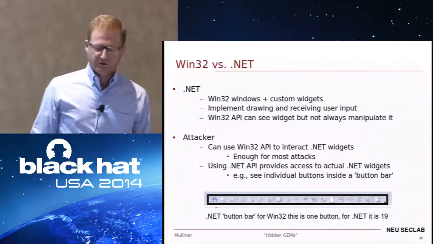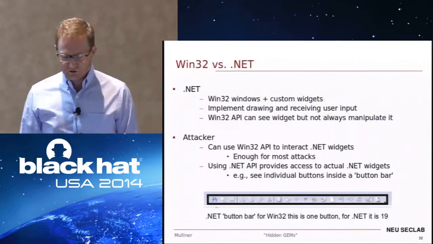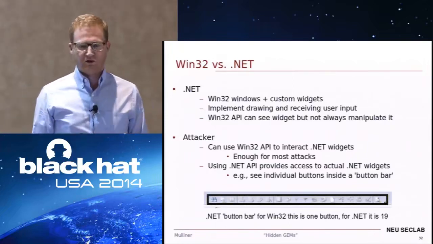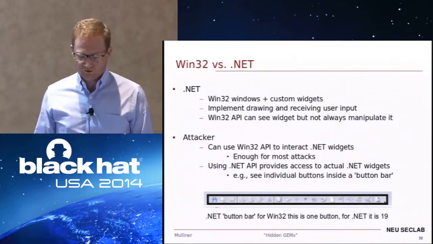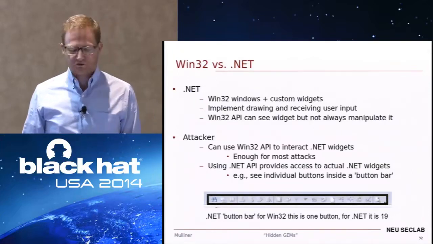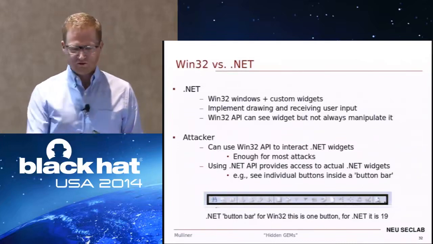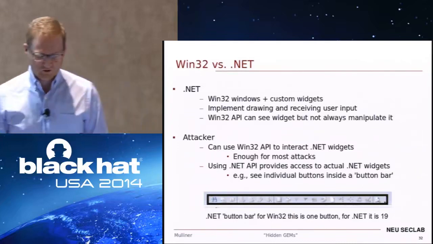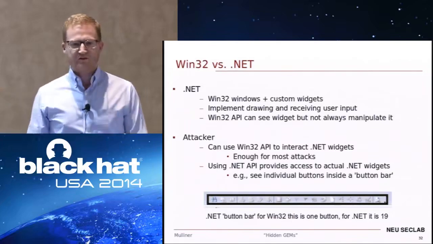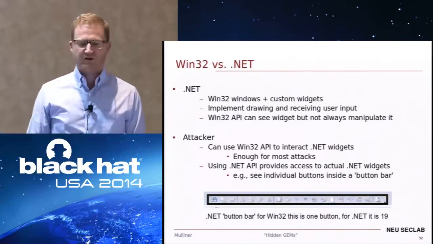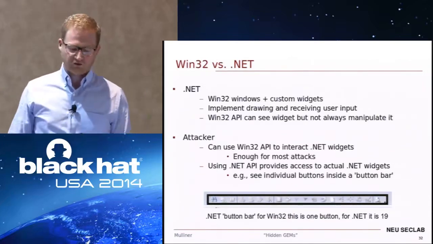Some of our applications were .NET applications, and .NET is... how do you call those things? Non-native stuff, managed code. So it's all managed code, but they still have, of course, native libraries that then use the Win32 API to actually draw windows.